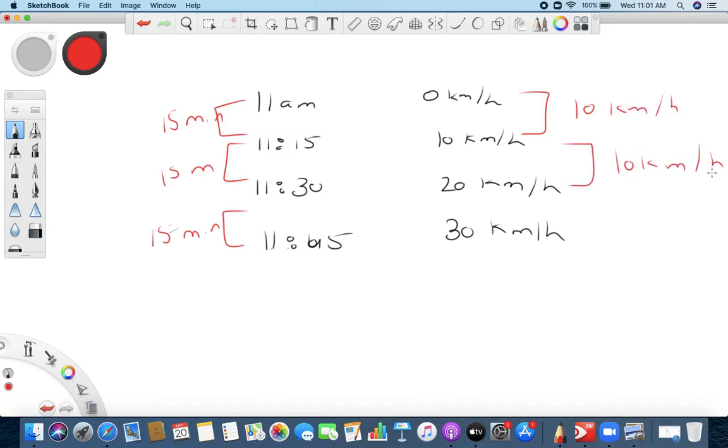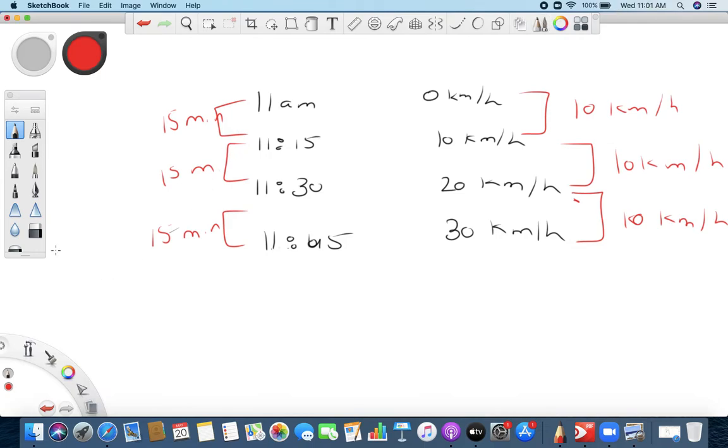That's what I was talking about. So in equal intervals of time, you are traveling equal distance, right?